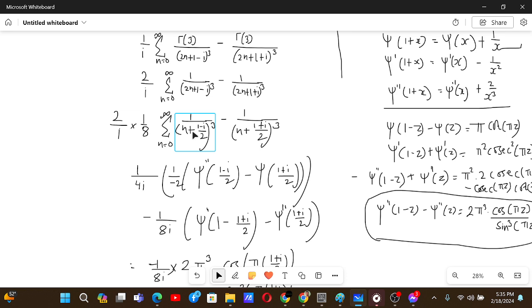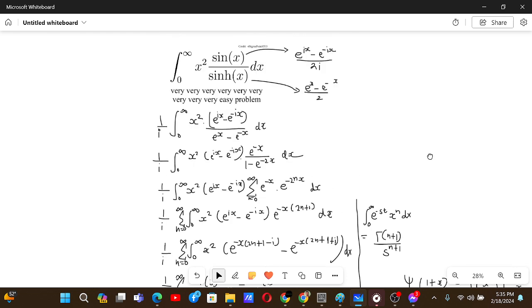Okay, so basically there's also another version of the Riemann zeta function to evaluate this. But for a beginner, it is as good as impossible, I should say.